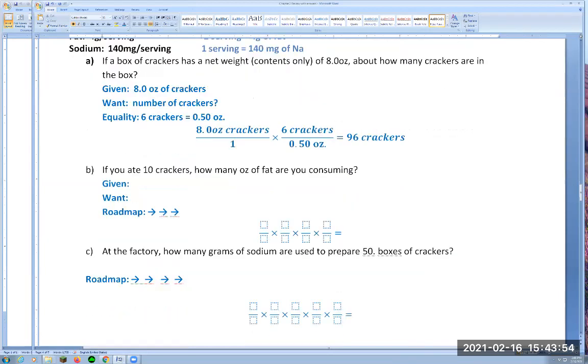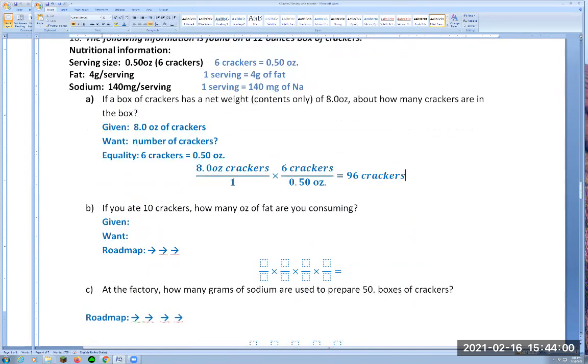Question B, if you ate 10 crackers, how many ounces of fat are you consuming? So what is given here? 10 crackers, right? We have 10 crackers and we want to know ounces of fat, you know, ounces of fat you are consuming when you're eating 10 crackers.